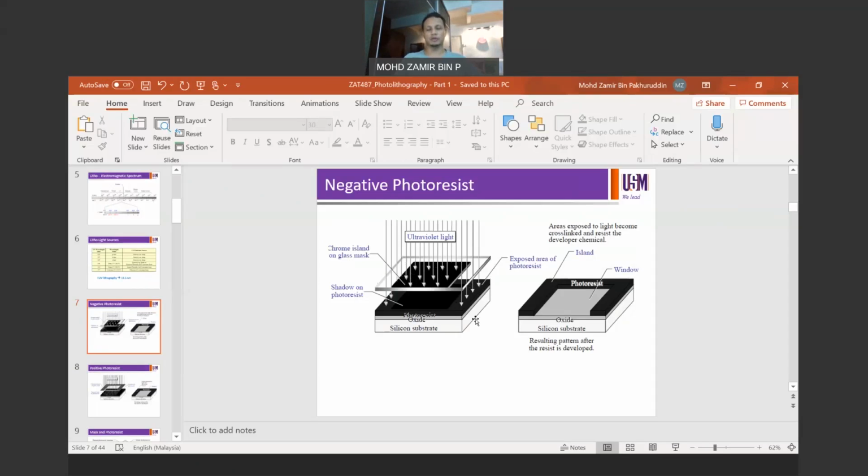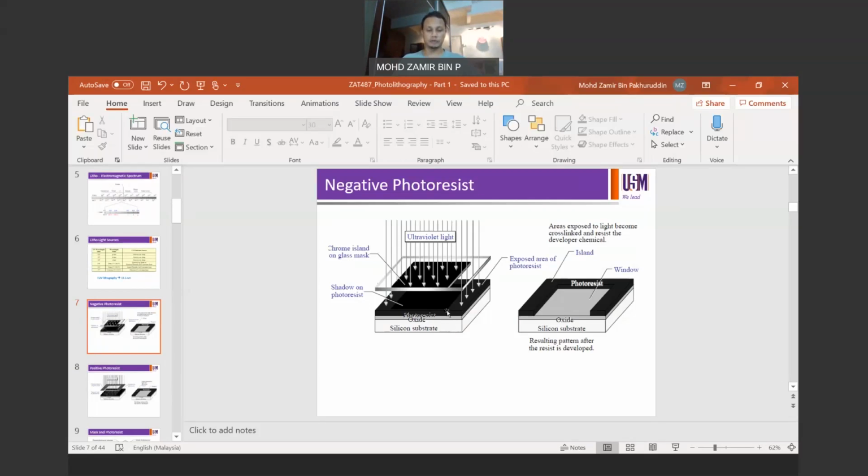the wafer is going to go through the development process, where it actually depends on the type of photoresist that you use for the process. So if you use a negative photoresist, you have to be clear about this.